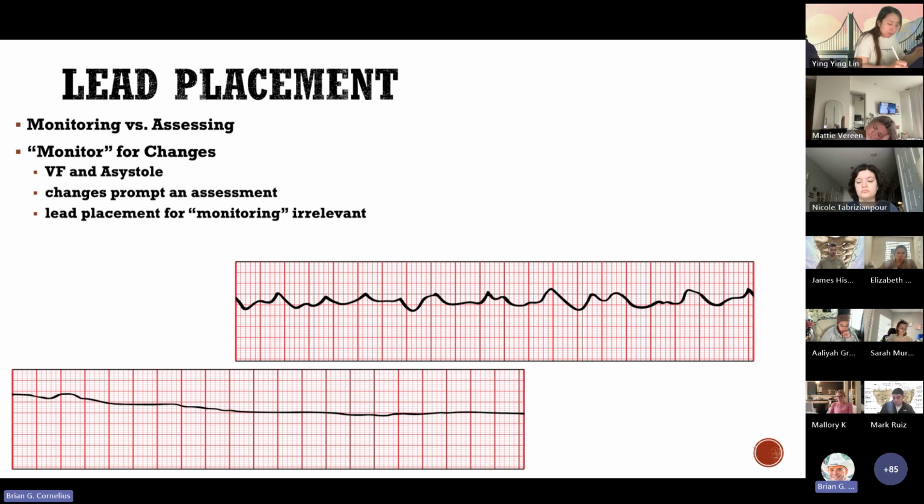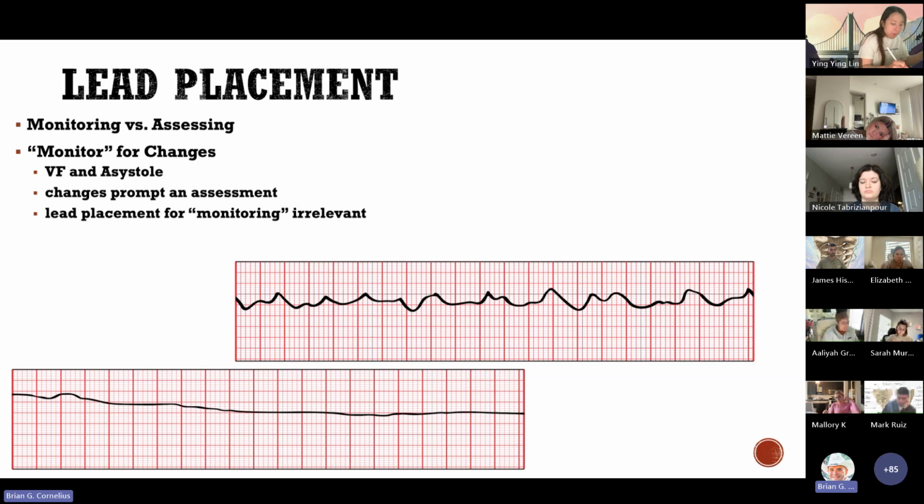I can see lead one and know that I've got potential damage to the high lateral portion of the heart, but I can't see aVL on a 3 lead or a 5 lead. On the other hand, I can see lead two and lead three, which both look at the inferior portion of the heart. And even though they don't provide the same diagnostic quality as a 12 lead EKG, I may be able to recognize that they have ST changes consistent with damage to the inferior wall.